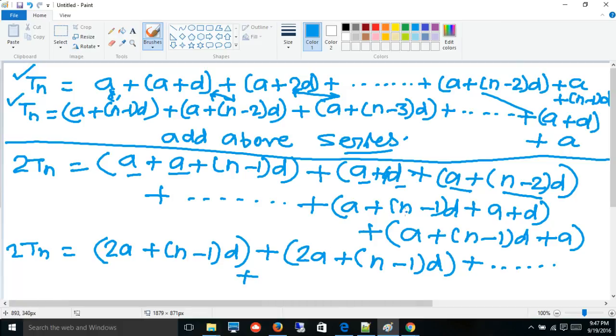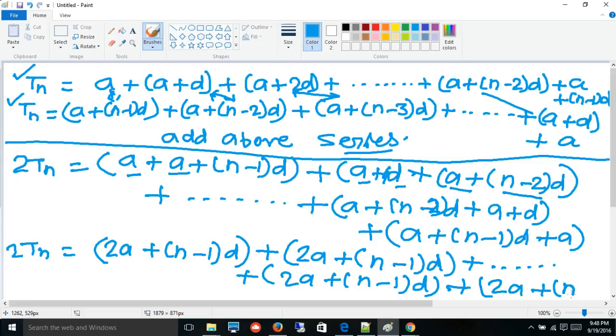Now calculate the second last: a plus a is 2a, and here it is n minus 2 for the other, so how much do you get? Here also you get 2a plus n minus 1 into d. In the last term, a plus a is 2a, so again 2a plus n minus 1 into d.